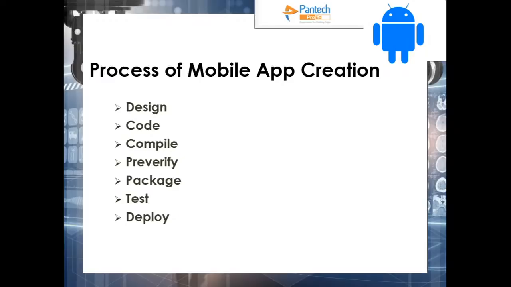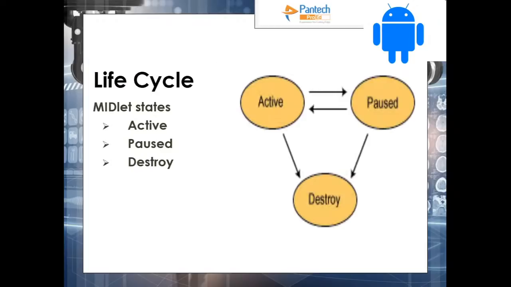If they find errors in the mobile OS, they report them to the organization, and the organization gives them some credits. After this is done, it is released to the public, like Android 10 or Android 9. Before that they do testing, and only after that do they deploy it to the public. So this is the process of mobile creation.